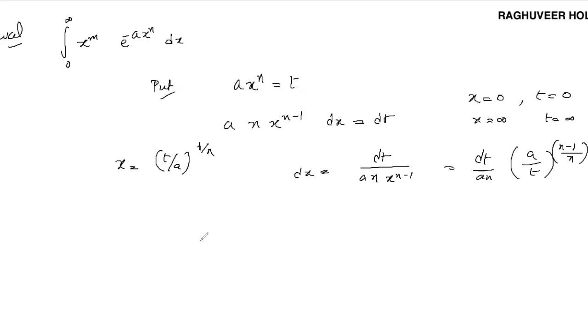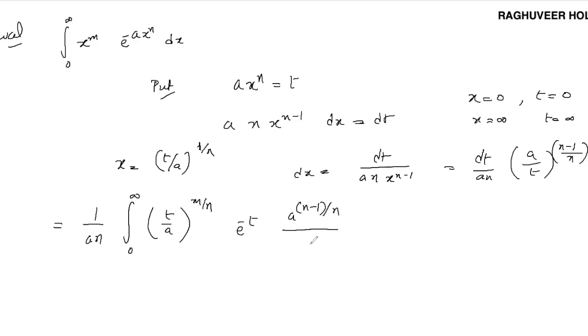So let us substitute this. This is equal to 1 by a n, integral 0 to infinity, (t by a) to the power of m by n, e to the power of minus t, times (a by t) to the power of n minus 1 by n, into dt.